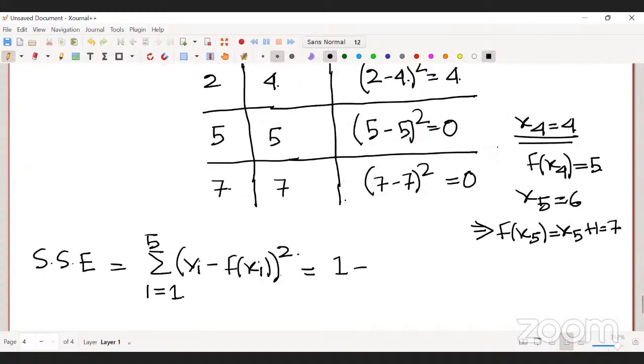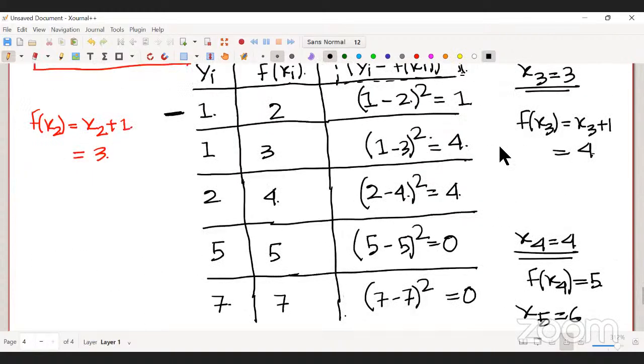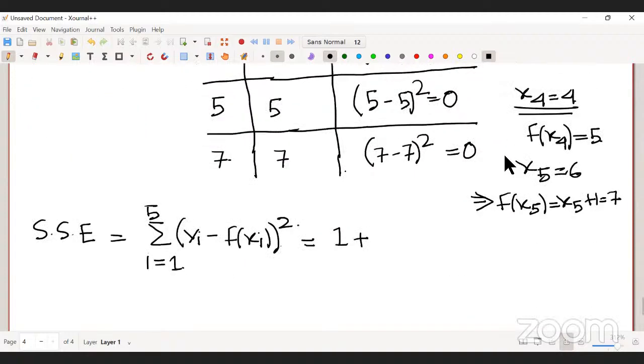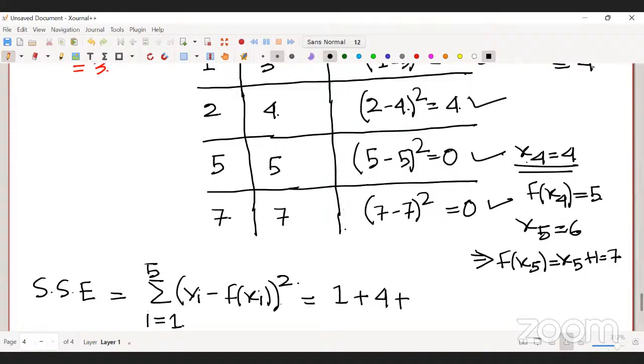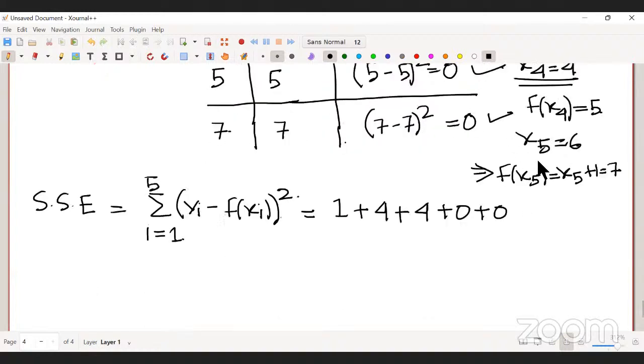For i equal to 2, this is 4. For i equal to 3, again this is 4, and for i equal to 4 and 5, it's 0. So the total sum square error is 1 plus 4 plus 4 plus 0 plus 0, which is 9.